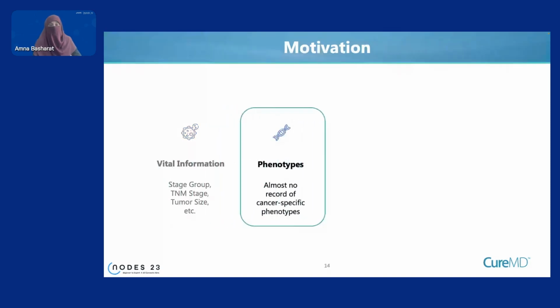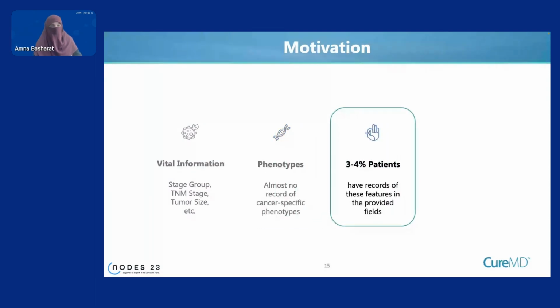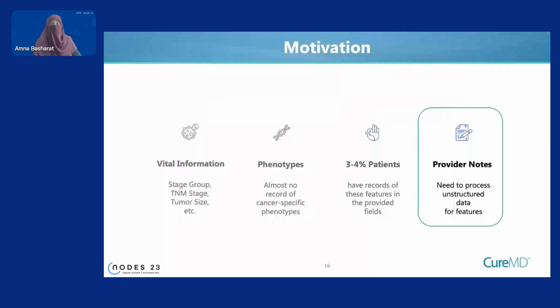All of that is really vital information. And within the data, within the records, especially the structured records, there was no specific cancer type information available for us. To give you a perspective, only 3 to 4% of patients had any records with this information. And most of this information was embedded within the provider notes, which is basically unstructured data.